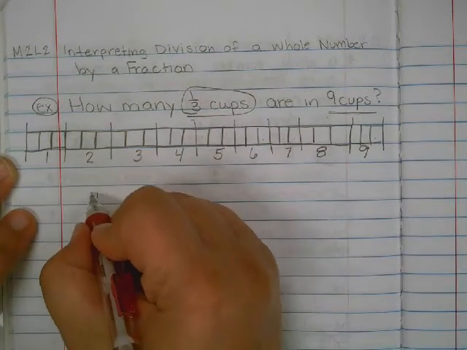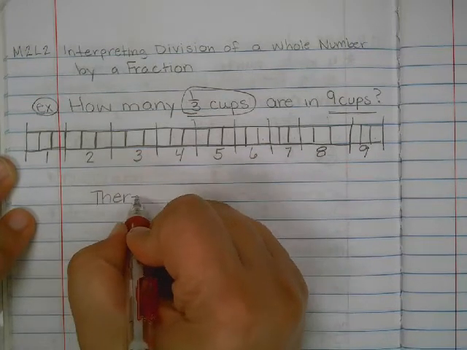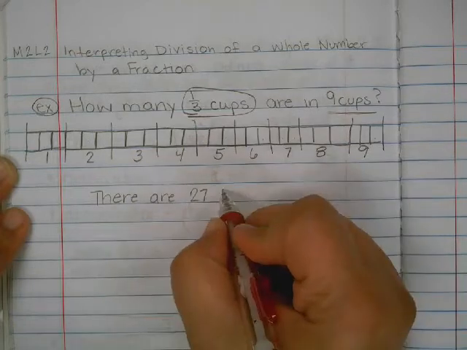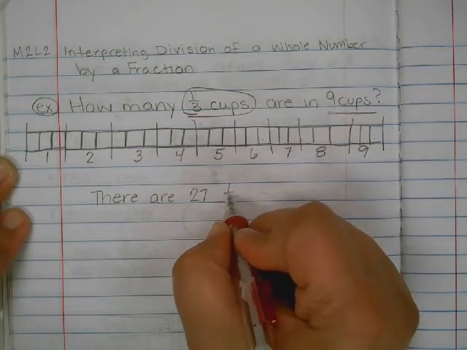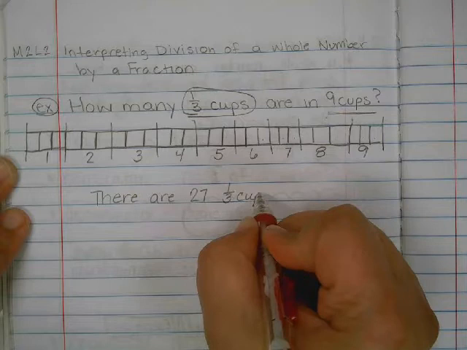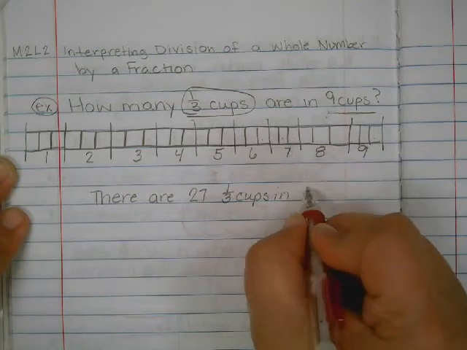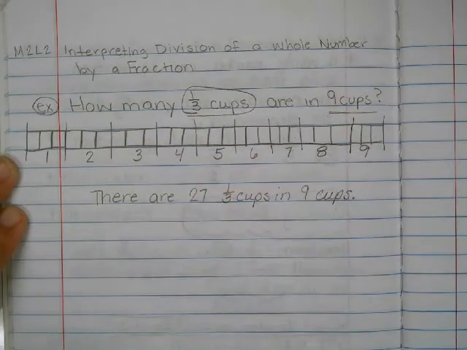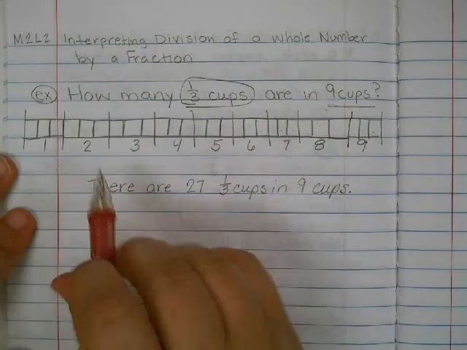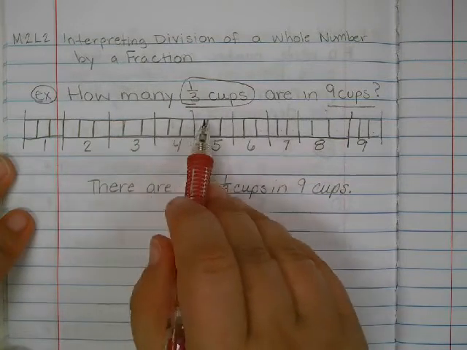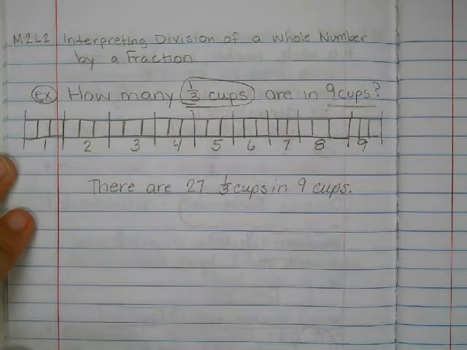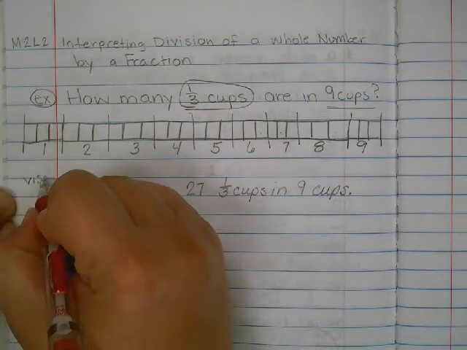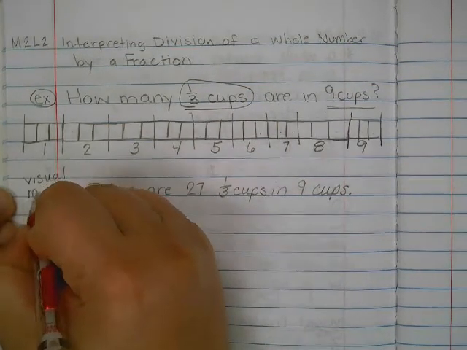So then I would say there are 27 1/3 cups in 9 cups. So this is the visual model that represents how many 1/3 cups are in 9 cups.